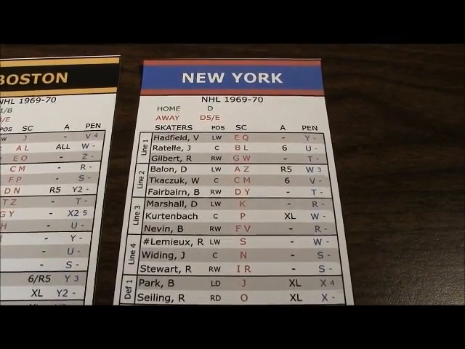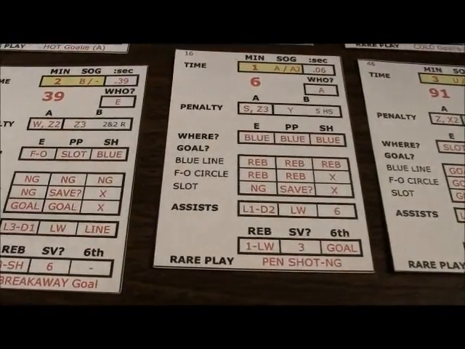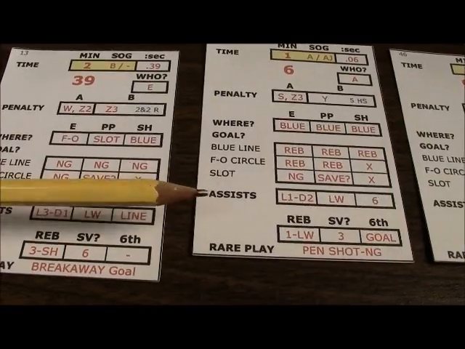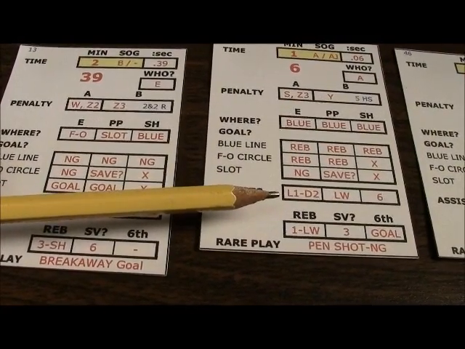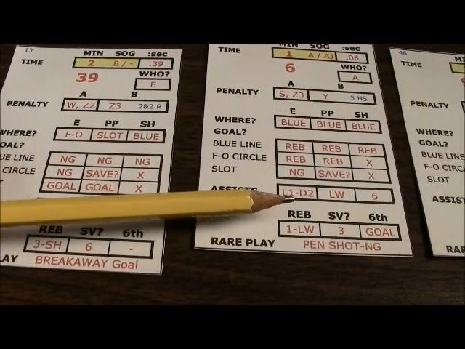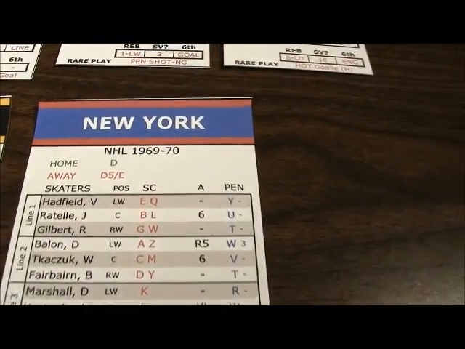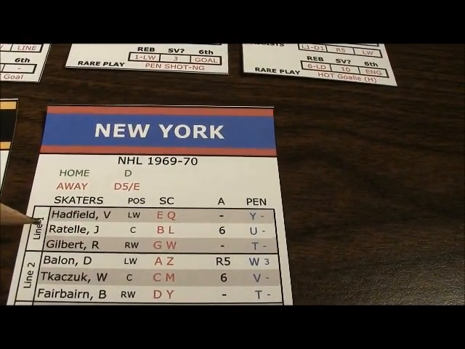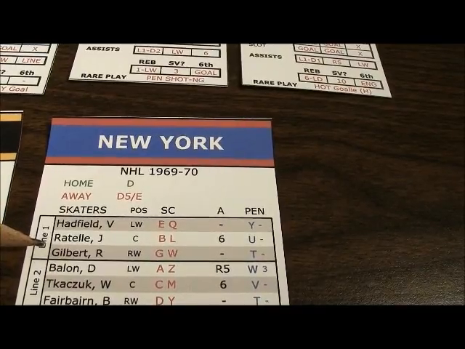Now, all of these will come into play on this column right here on the action card. The first reading is showing which forward line is on the ice. The second is showing which defensive pair is on the ice. Now anytime a forward scores, let's say John Ratelle scores a goal, you automatically know which forward line is on the ice. It's going to be line 1.